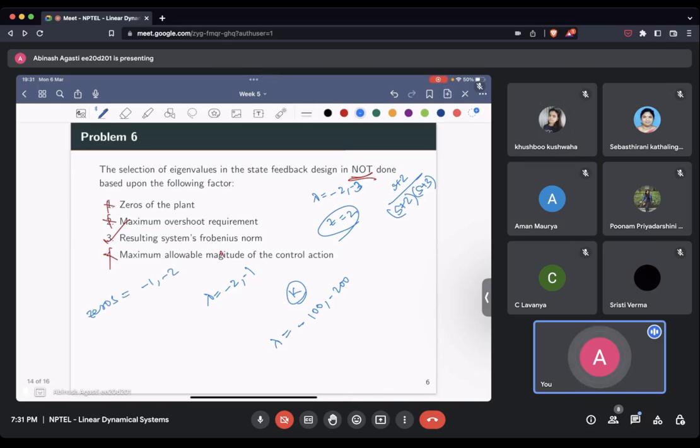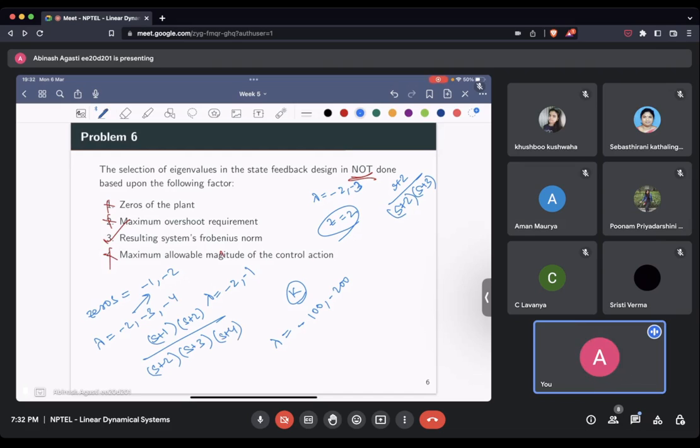And let's say you want lambda equal to -2 and -3. Then we know that the eigenvalues correspond to the characteristic equation. So if we write in terms of the transfer function, I have a zero at s+1, s+2, and the denominator as this, correct?